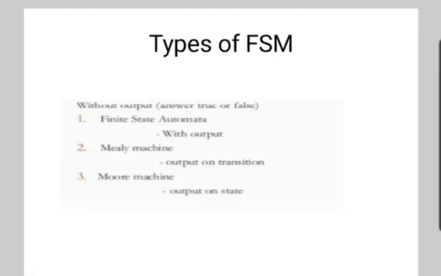Next point is classification of FSM, or types of FSM. There are three types: finite state machine without output, finite state machine with output, Mealy machine, and Moore machine. For the most part these machine classes are self-explanatory.